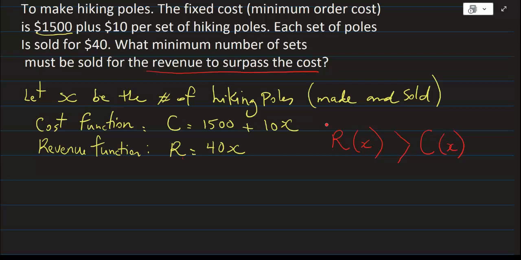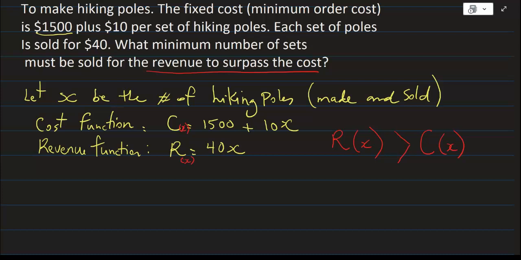Remember, this is R of x and this is C of x, because the independent variable, the input value, is x, and the output is the cost. Likewise, the input is x, the number of poles you're selling, you multiply by $40, and you get the revenue.